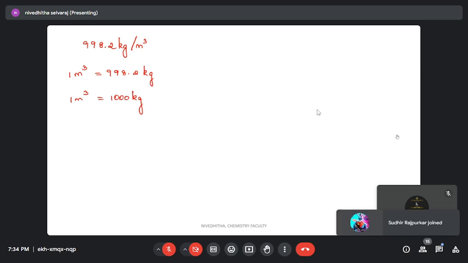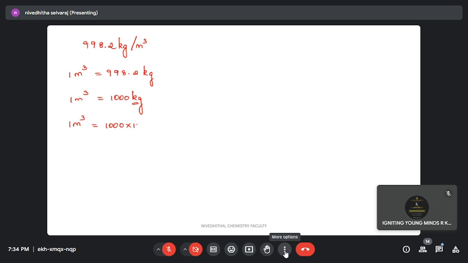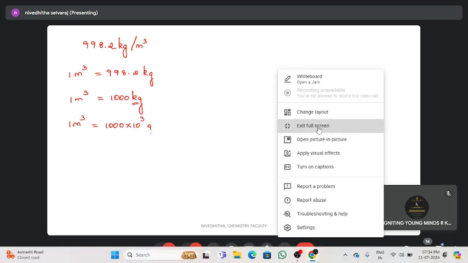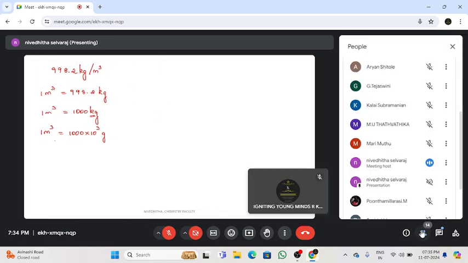How to convert that? 1 meter cube is equal to 1000 kilogram, and I'm going to write the quantity of kilo as 10 power 3 gram. So again, I'm converting this meter cube into liter.